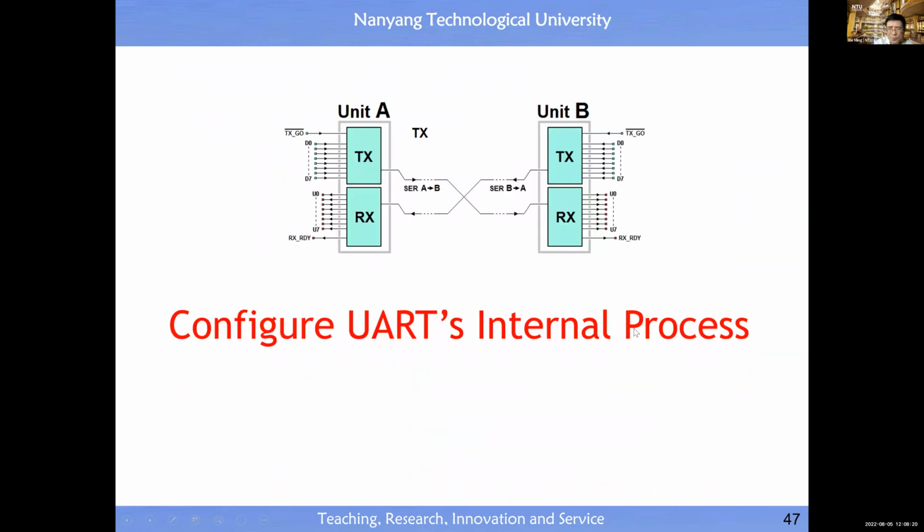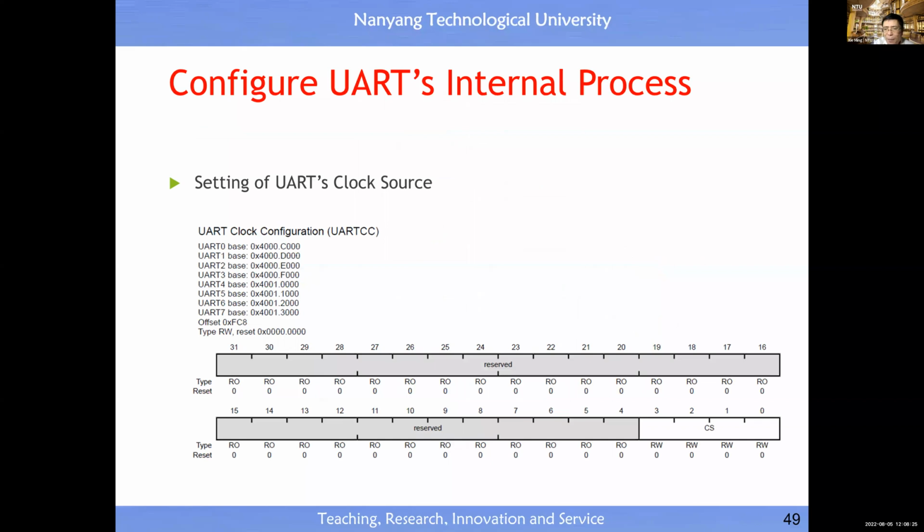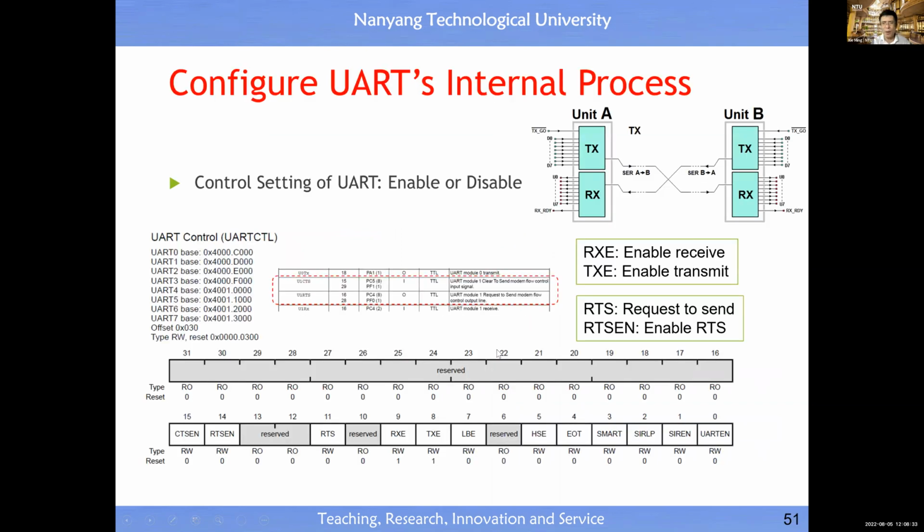Something like that. Then for internal process, first you choose a clock source. It could be system clock or hardware clock, for I/O hardware clock. And here is to enable or disable, because by default, each unit can do transmission and reception, whether you enable bidirectional communication, or sometimes you only have a sensor, then the sensor only does one directional communication.